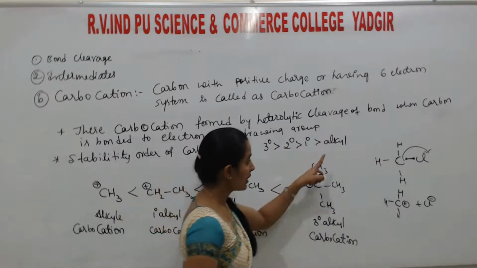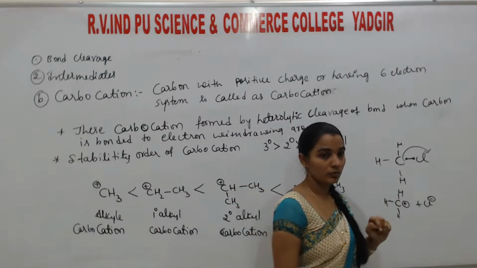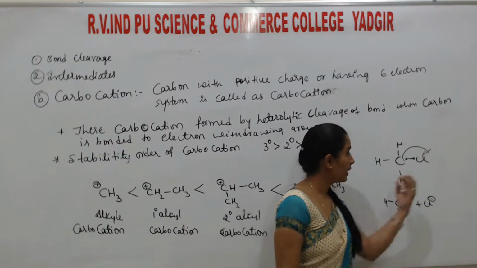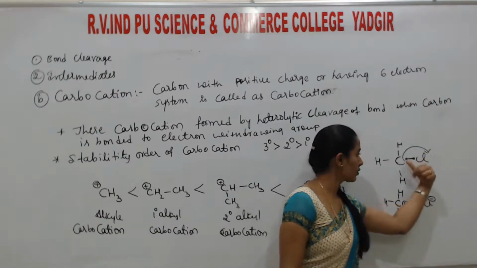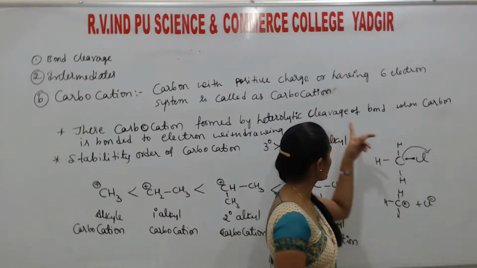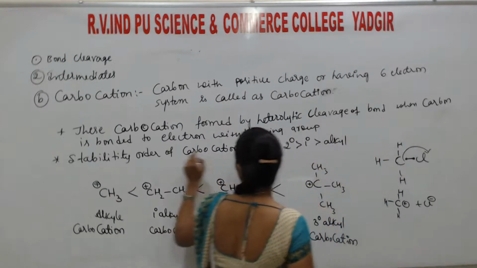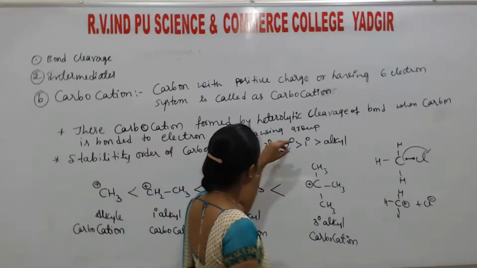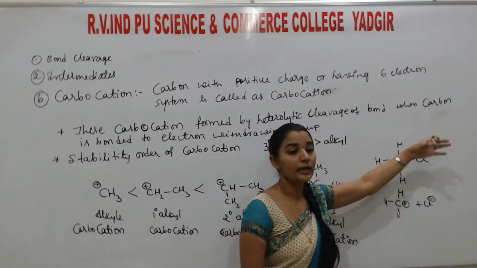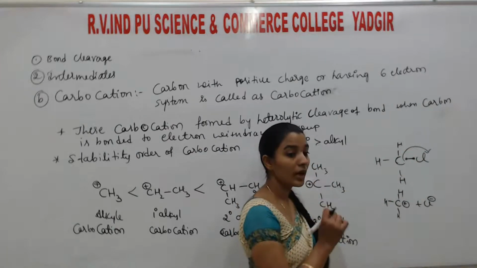Okay? So listen, withdraw means remove. From where? From carbon. It withdraws the electron from the carbon towards itself. When heterolytic cleavage takes place and the carbon is bonded to the electron withdrawing group, meaning the highly electronegative atom, then only they form carbocation.